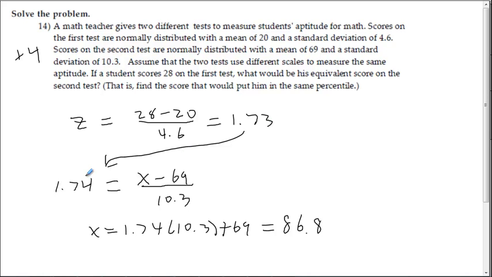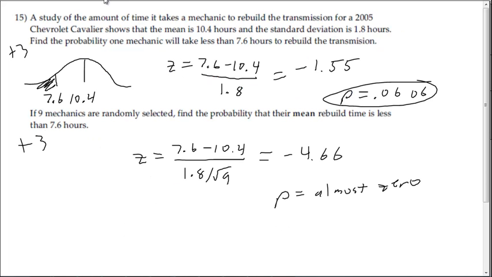So we know the z-score is 1.74 because that's a standardized score. We don't know the specific score in this test, but we know the average and the standard deviation. Again, cross multiply, and add 69. So a score of 86.8 is equivalent to a score of 28 on the first exam. That's the same distance above the mean.